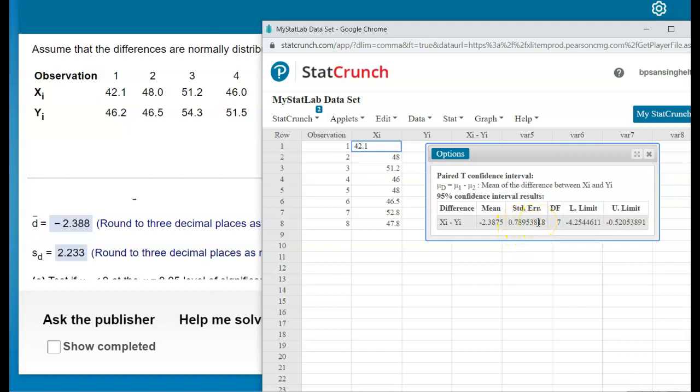So you have to pay attention: standard error is different than standard deviation. You can calculate the standard deviation from the standard error by multiplying by the square root of n, and you should get that same number. All right, so that's the lower limit and the upper limit of the confidence interval, and I hope this helps.